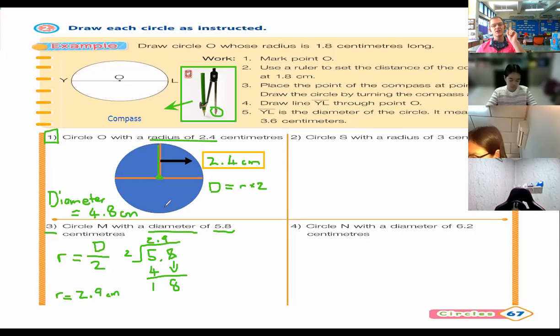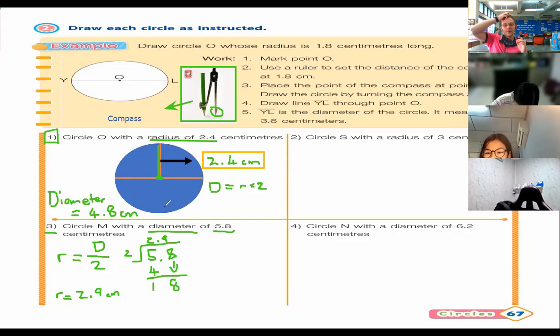When drawing a circle, we always start in the middle of the circle, and the length we use to make the circle is equal to the radius. Are all of you still with me? Do you understand? If I'm going fast or you don't understand, please raise your hand or stop me so I can explain it again.